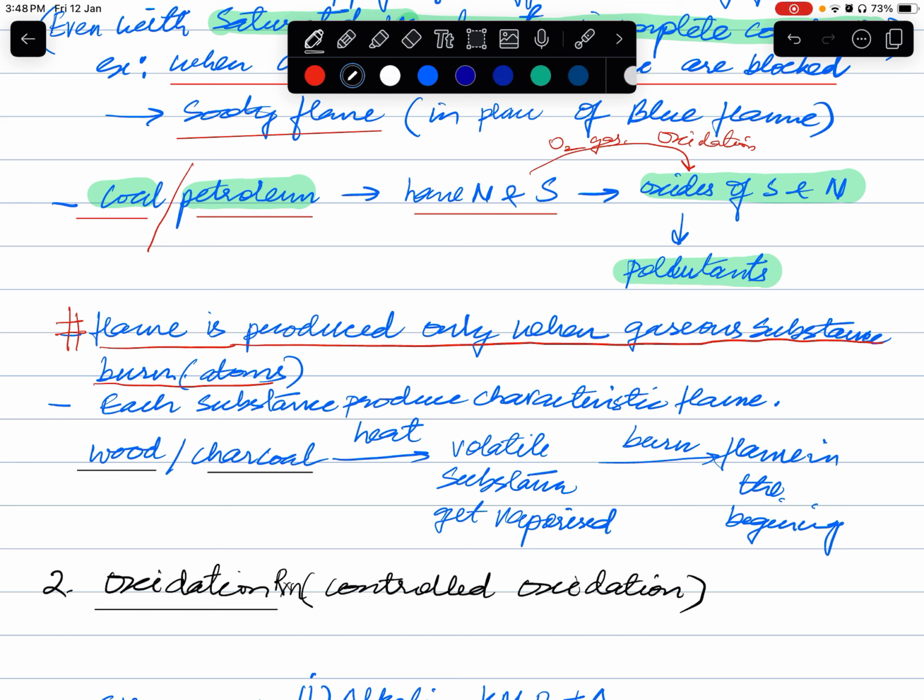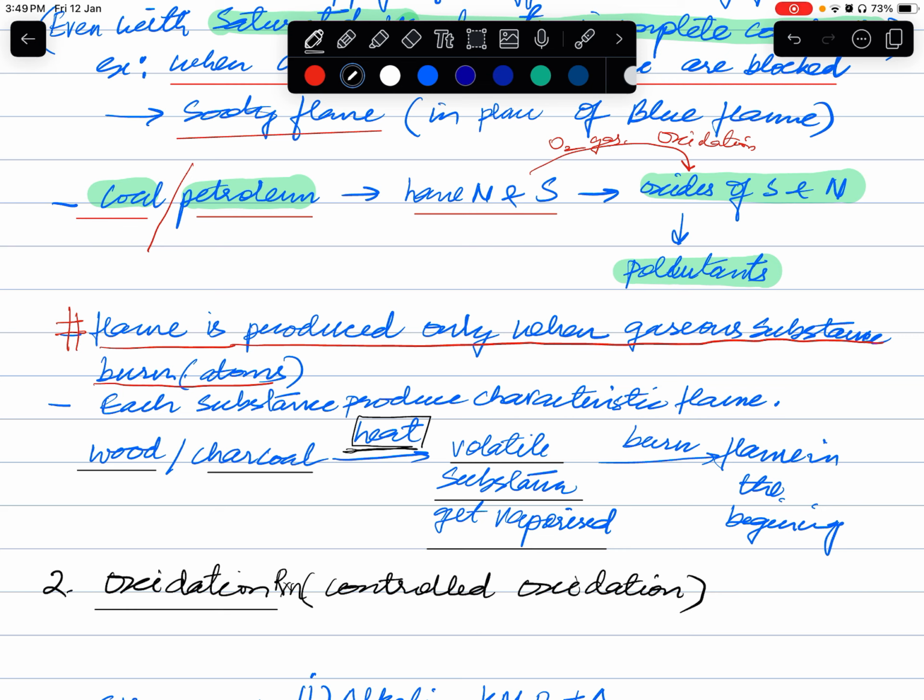The reason for this is that when we heat wood or charcoal, the volatile substances which are present in wood or charcoal get vaporized. What is the meaning of this? Those substances which can convert easily into vapors get converted into vapors when we heat wood or charcoal. Okay, and when they come into vapor, we get free atoms.